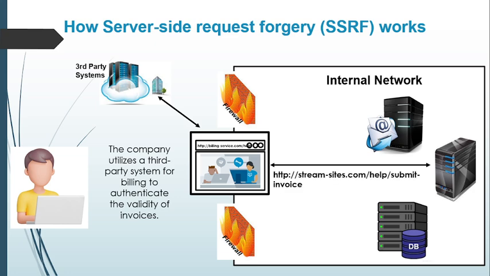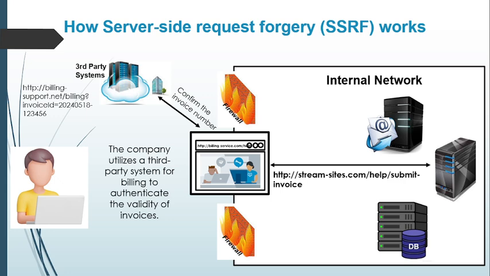So once the system receives the information from the user, it's going to use the third-party system to confirm the invoice number. Then it's going to visit the URL billingsupport.net/billing with the invoice ID, which will provide the invoice number.